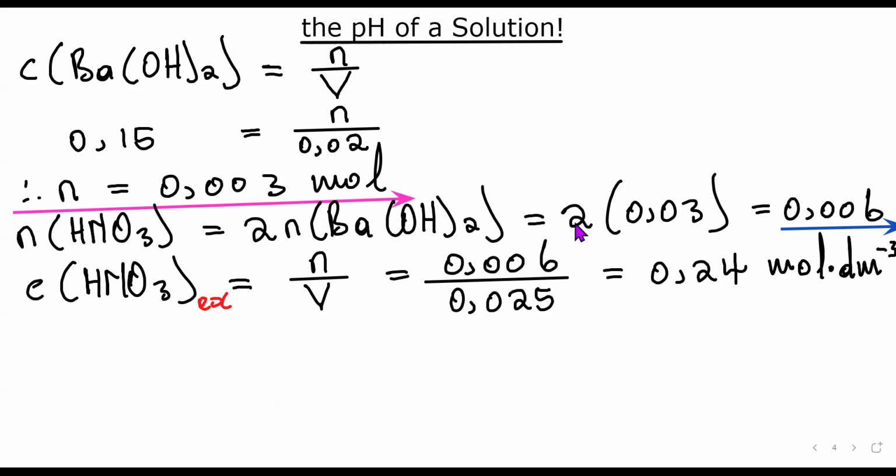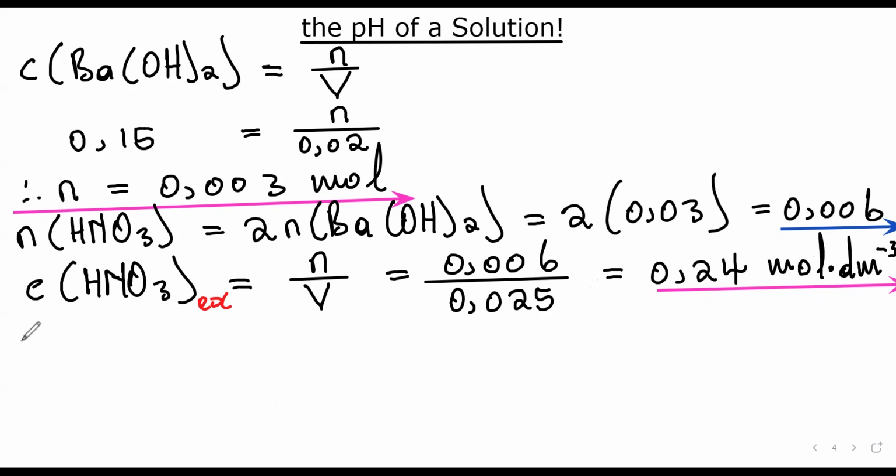Okay, fine. So nitric acid is a monoprotic acid, which means it will only donate one proton when it ionizes in water. So this means the concentration of the acid will be exactly equal to that of the hydronium ions.